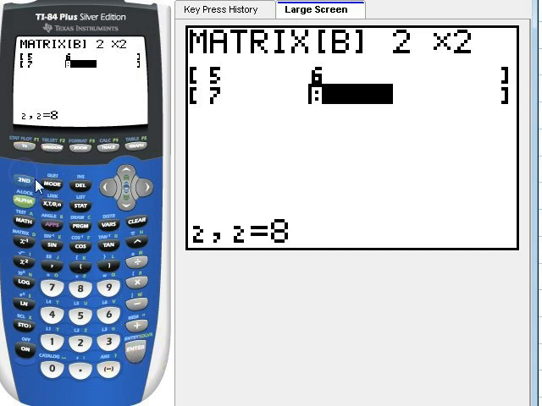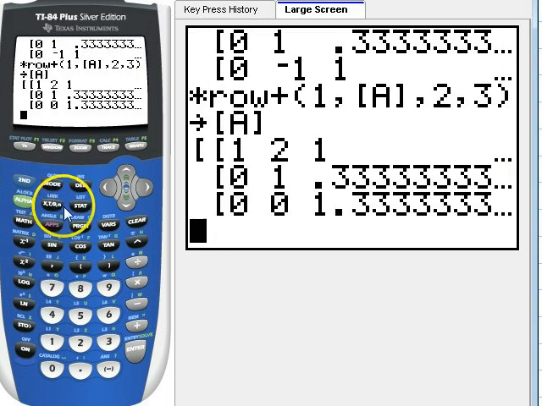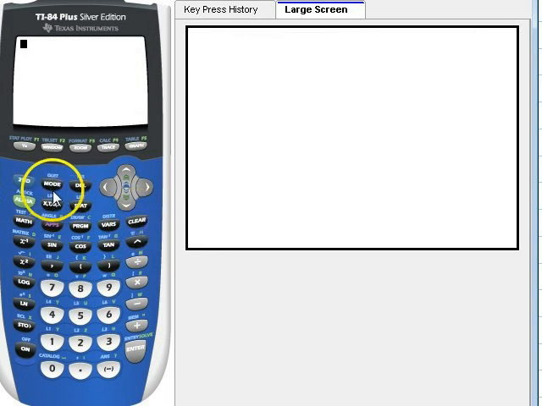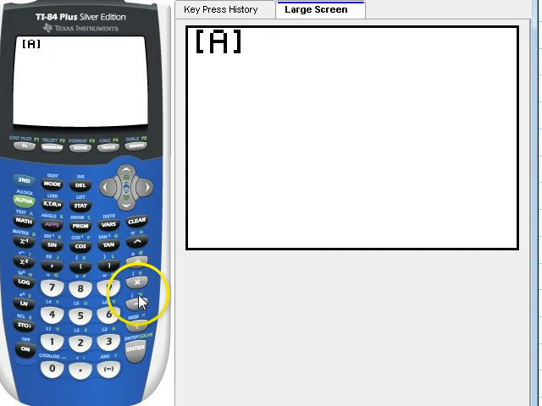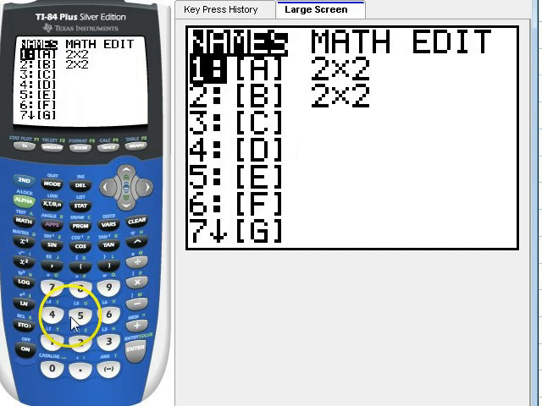I'll quit these. Second quit. And then when I multiply them, second matrix A. There might be an easier way to get those up, but none that I know of. Times second matrix B.